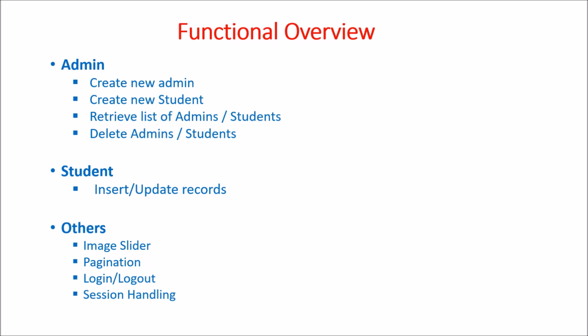So admin has a lot of roles and responsibilities in this system, whereas a student can insert or update records. Other functionalities implemented in this project are image slider, pagination, login and logout functionality, and session handling.